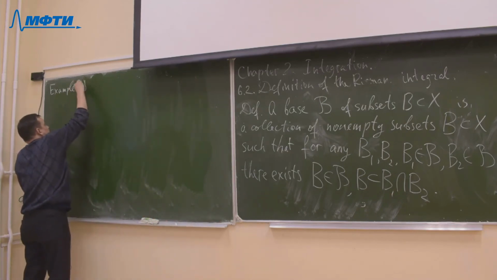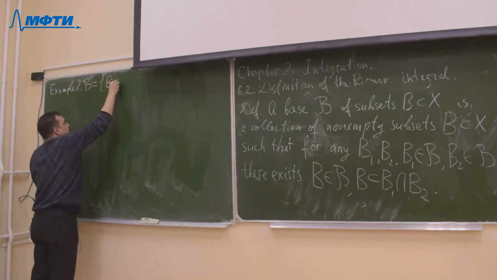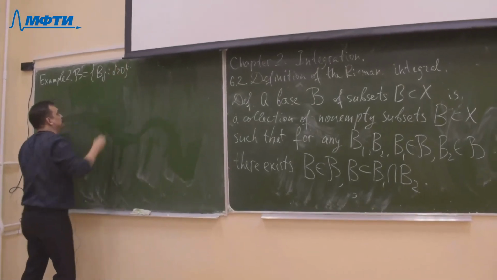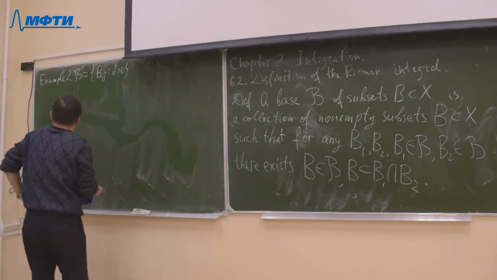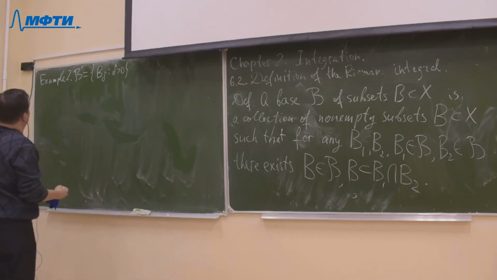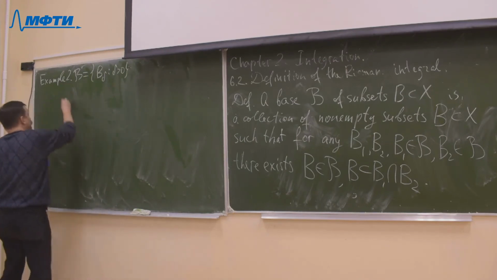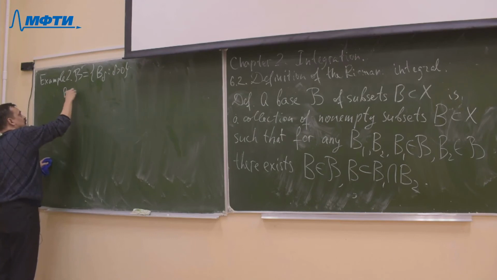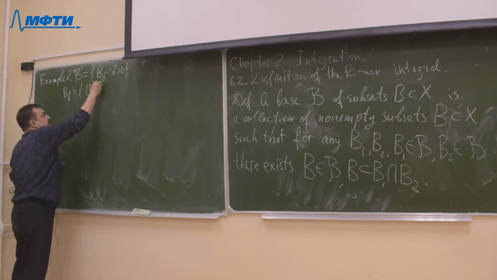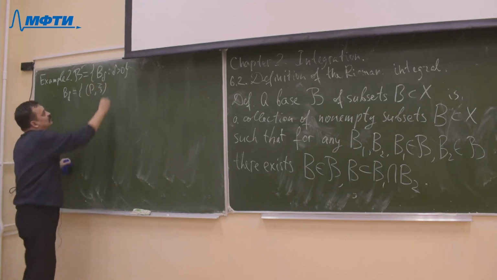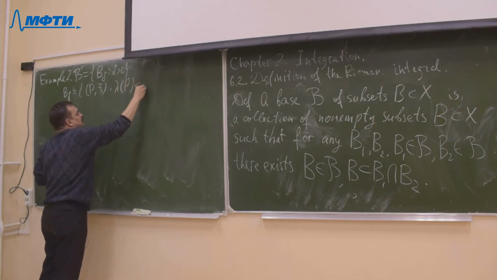Example 2. B is the set of B delta for delta positive, where B delta is the set of all tagged partitions such that the norm of the partition is less than delta.